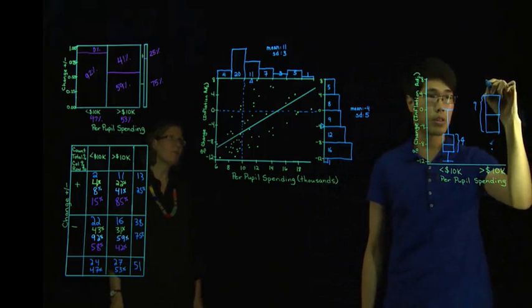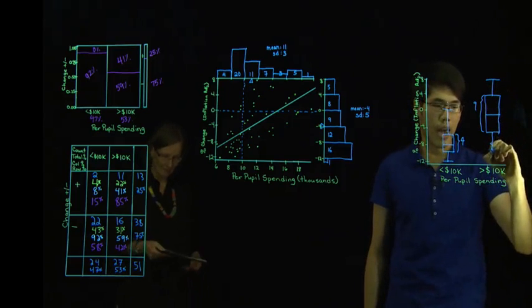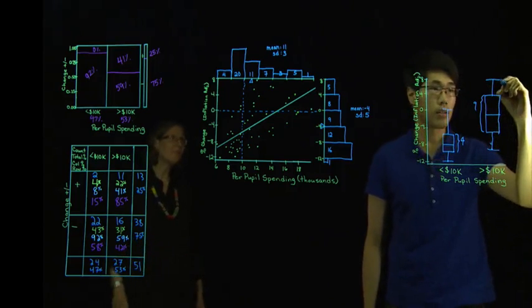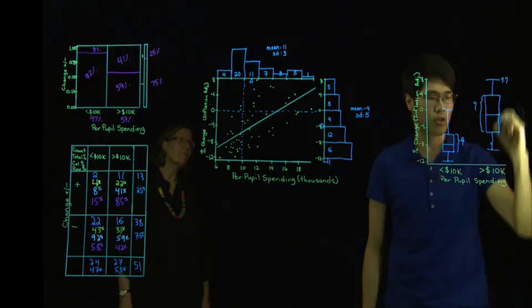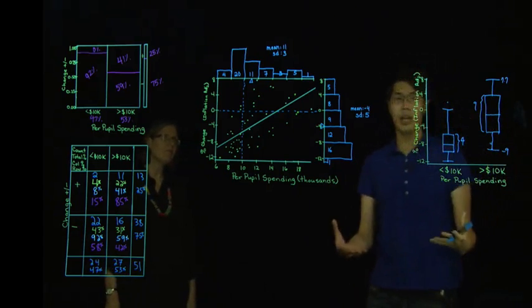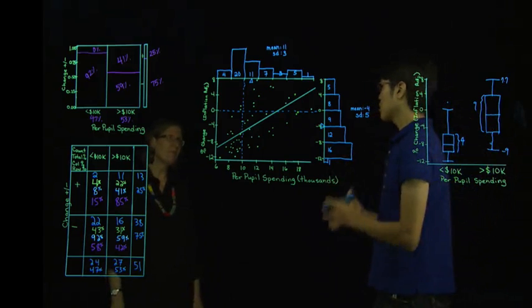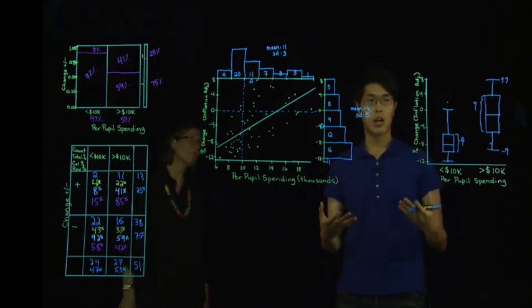So the whiskers are going to be at the min and max points, which are 7.7-ish and minus 9-ish.